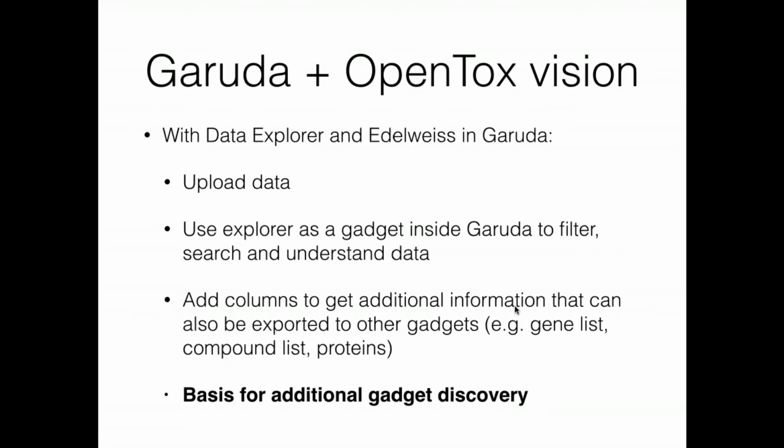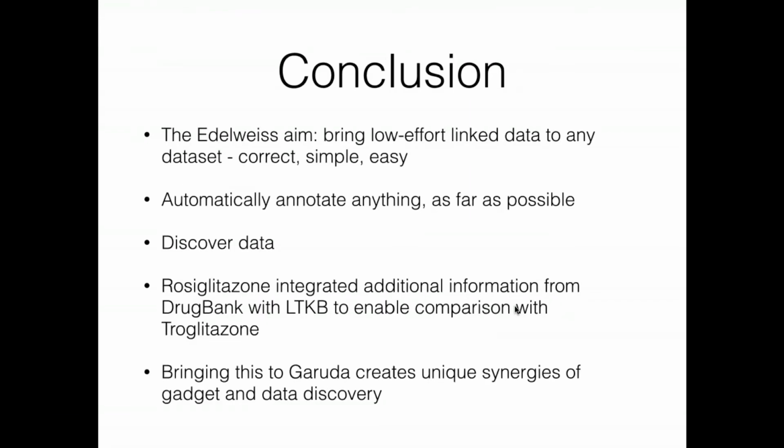So for example, you might discover in my random data set, you can enrich it with gene symbols or with pathways or with GO terms or with compounds. And these enriched columns can then be used to discover more gadgets that you can use in Garuda and bring them to bear on your original data set that you brought in. So there should be a very natural synergy there in theory.